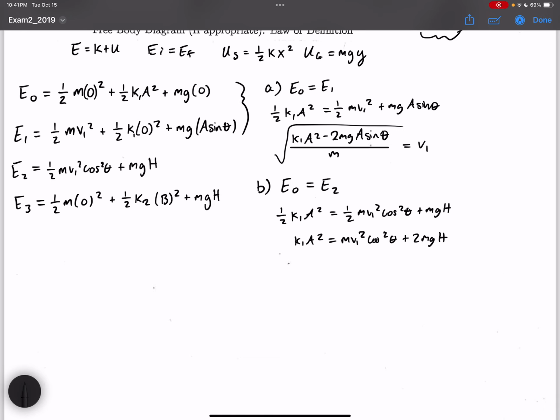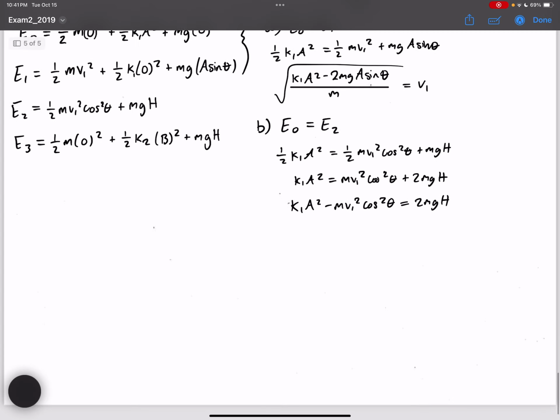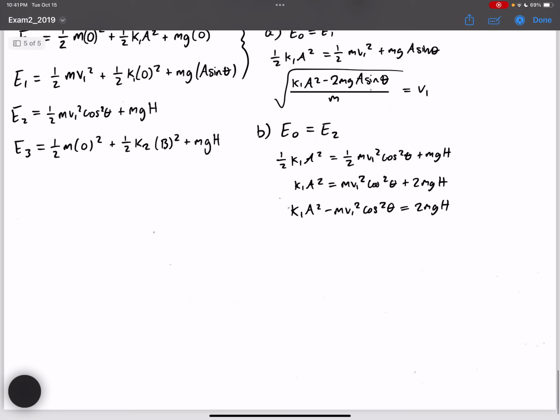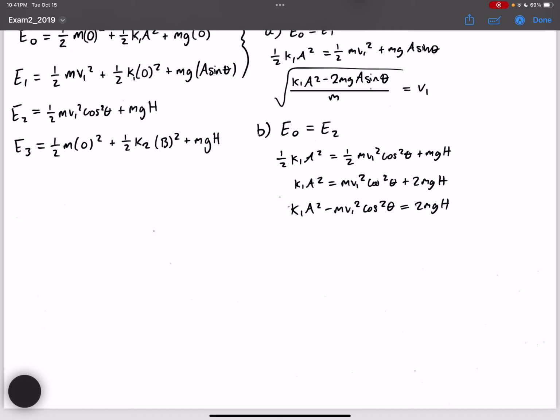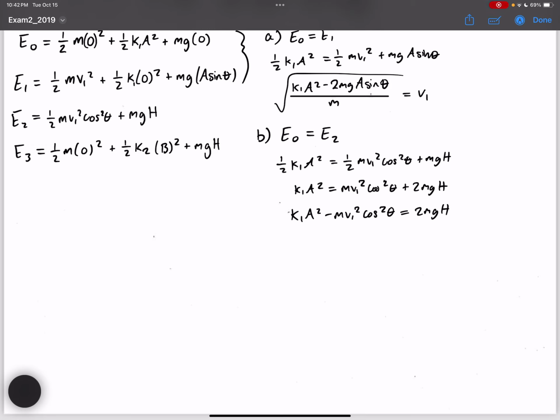We're solving for h, so we want to subtract this over, so K1 A squared minus M V1 squared cosine squared theta equals 2 M G H. We divide by 2mg to get h on its own, so we have 1 over 2mg times K1 A squared minus M V1 squared cosine squared theta equals h.